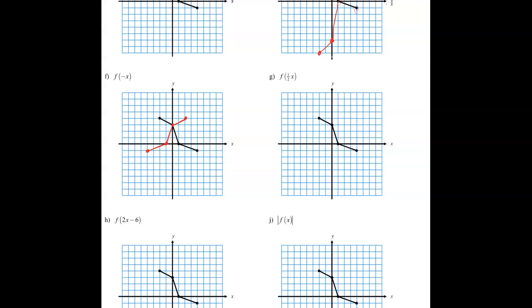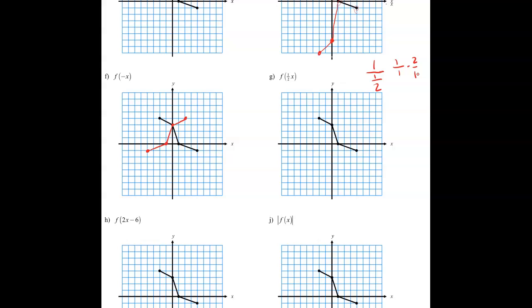Alright, moving on to my next one. I've got f of 1/2 x, so all that 1/2 is going to do is horizontally stretch by 2, because remember, we multiply by 1 over b, which is that 1/2, and that changes into keep, change, flip. So I've got 1 over 1 times 2 over 1. So I'm horizontally stretching by 2.